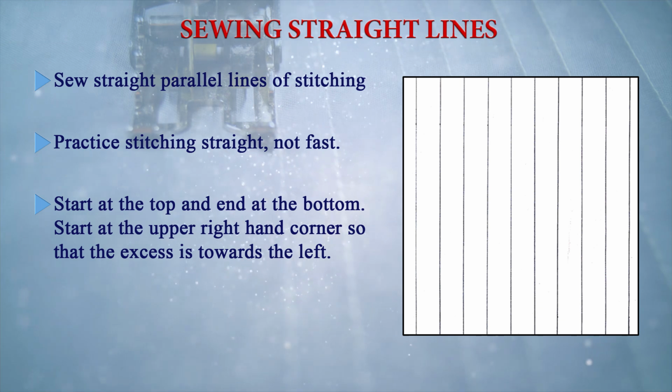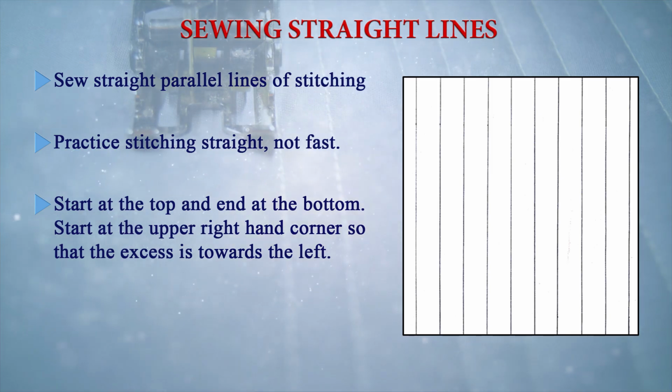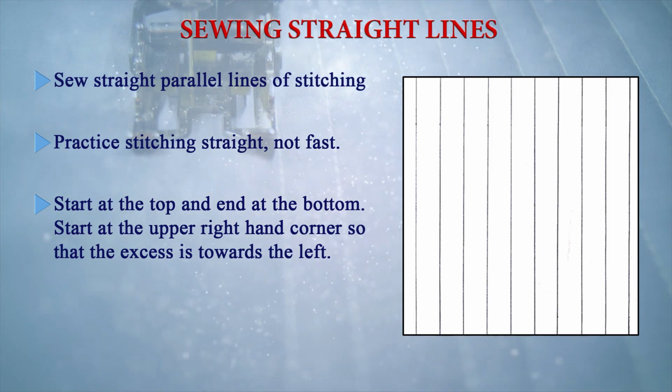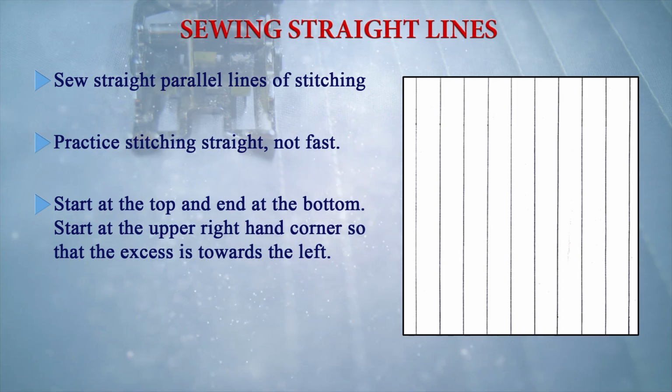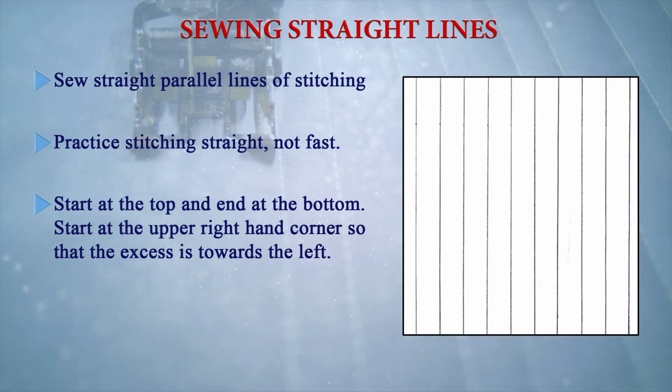If you have drawn straight lines on a paper, just put the first line below the needle, insert the needle at that particular point and do a simple straight stitch on that line. This practice is done so that you can get perfection in stitching a straight line.